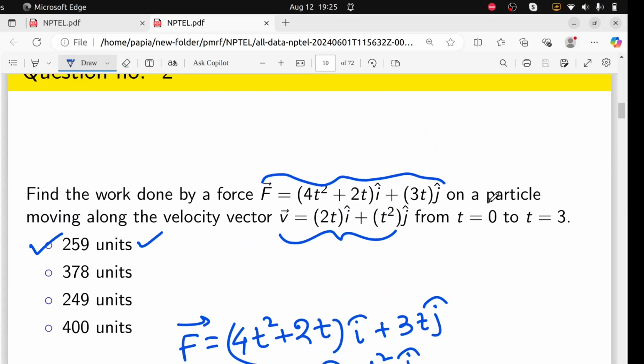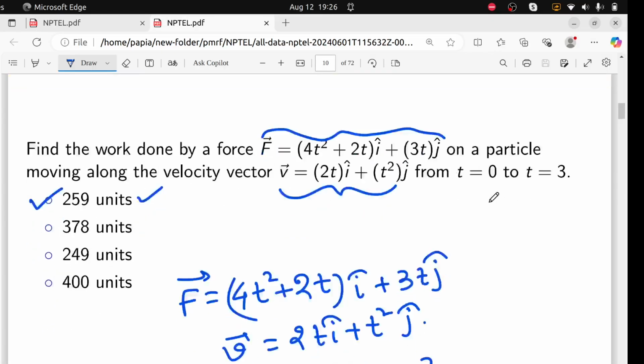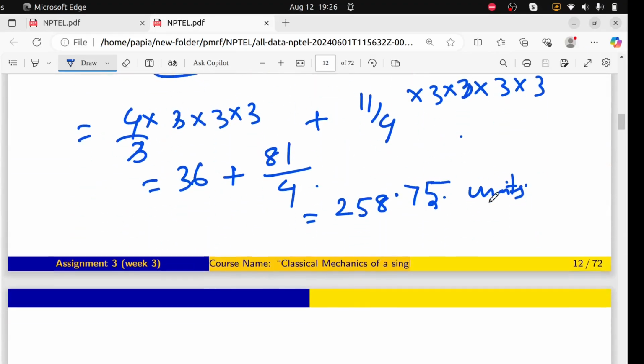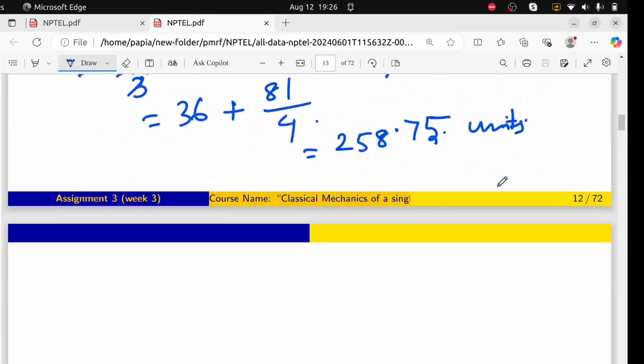Then the work done by the force on the particle moving along the velocity from t equals 0 to t equals 3, the integral of F dot dr/dt, and the answer is 258.75 units.